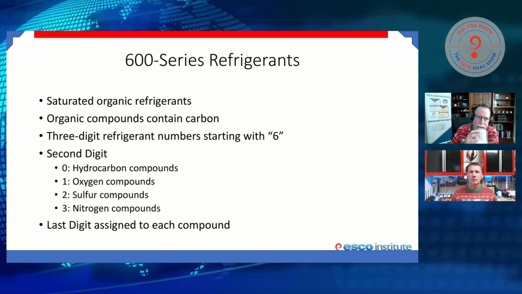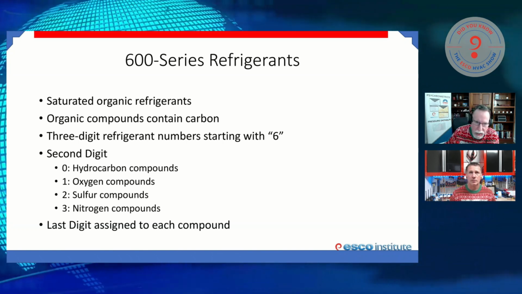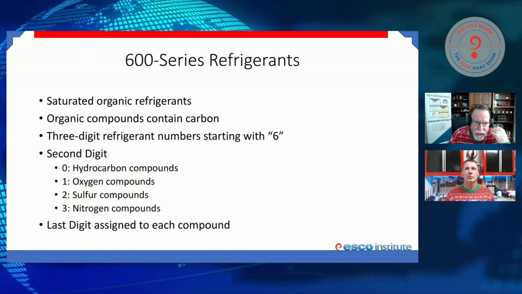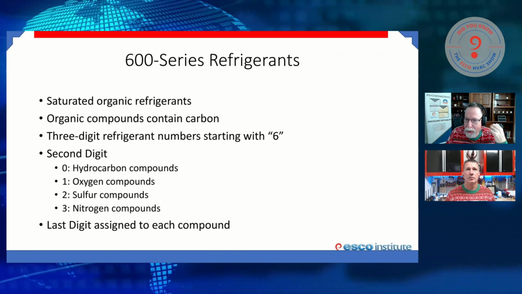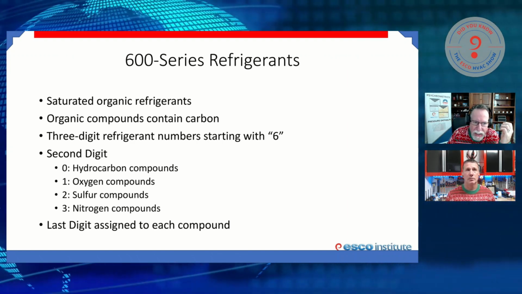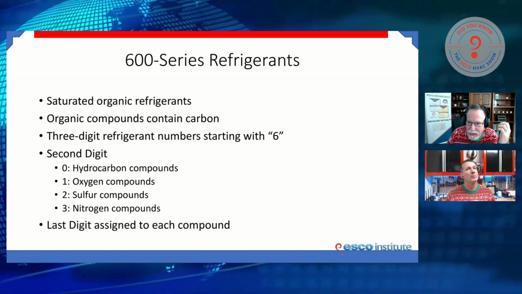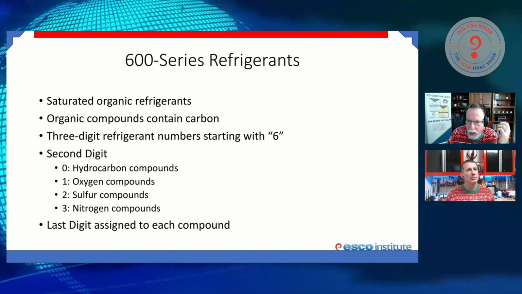So 600 series refrigerants start with the number 6. The second digit is a 0 if it's a hydrocarbon compound, like butane. If the second digit is a 1, the molecule contains oxygen. If it's a 2, it contains sulfur.